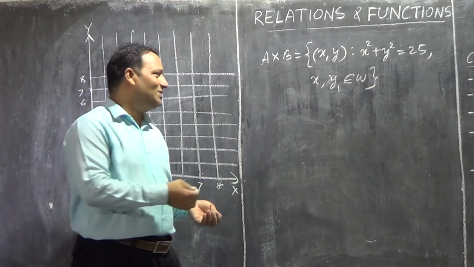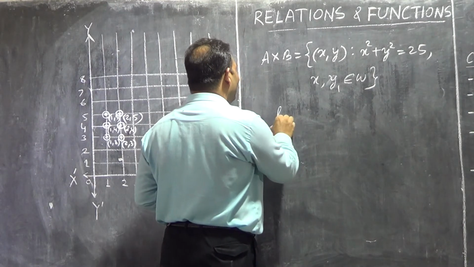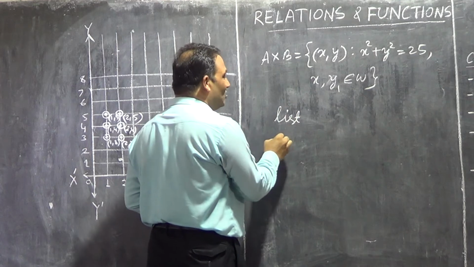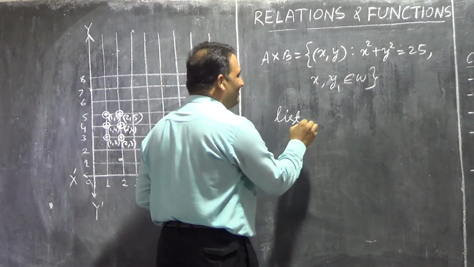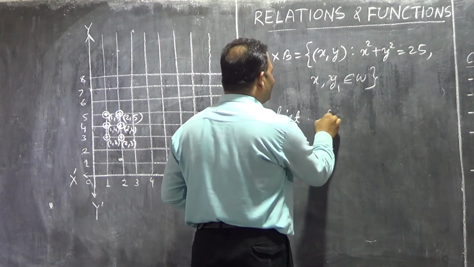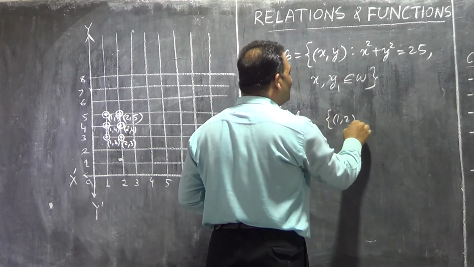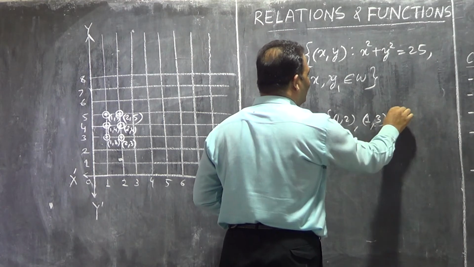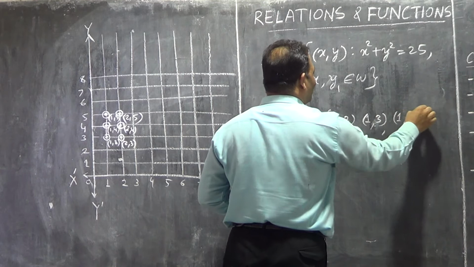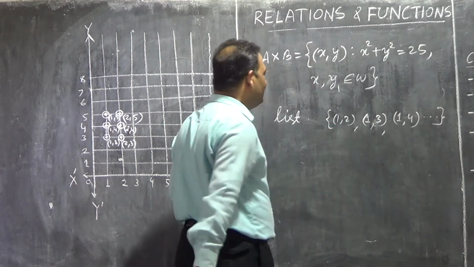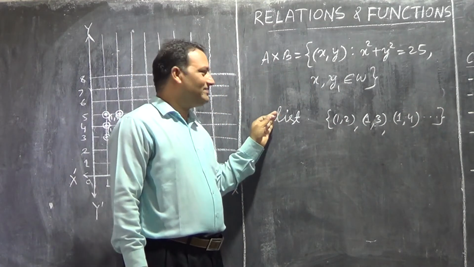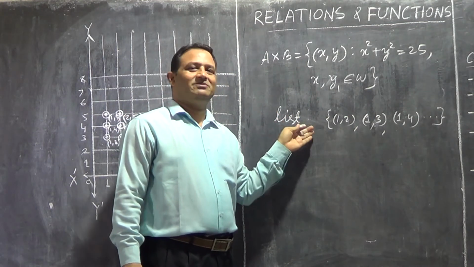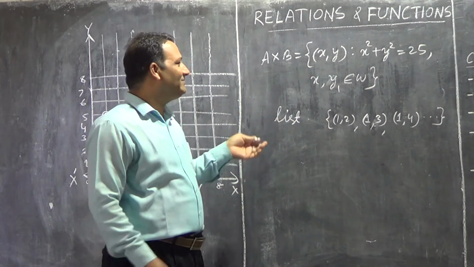Listing method means that is 1 2, then 1 3, then 1 4. See, this is the listing method, roster method, whichever name you want to use, listing method or roster method or tabular method, whatever you say.